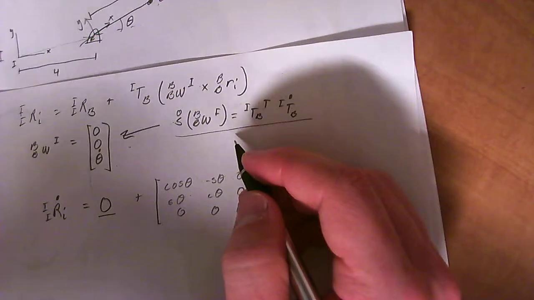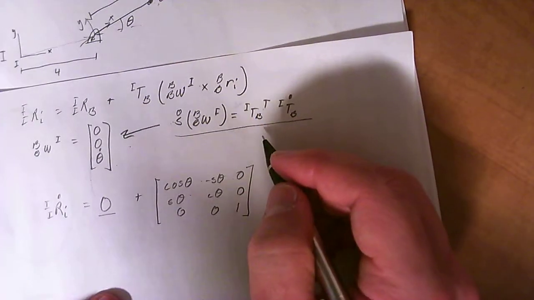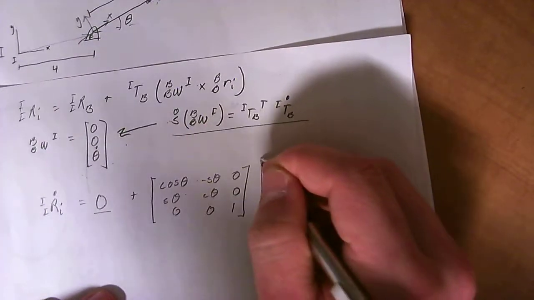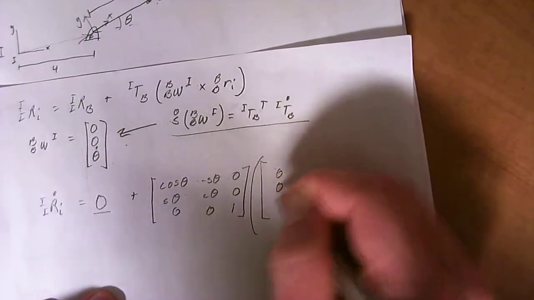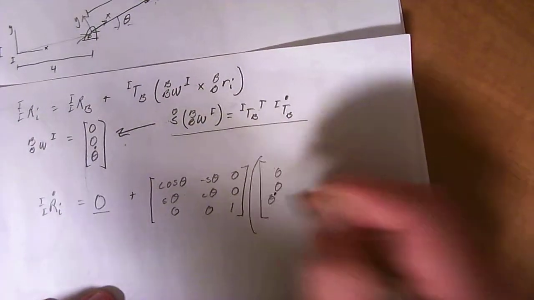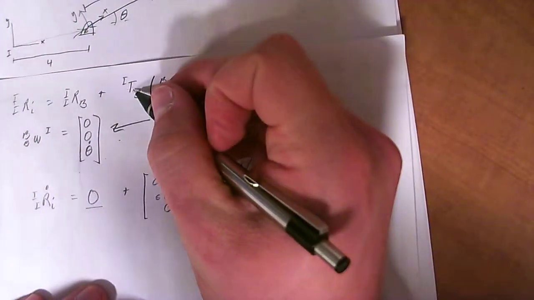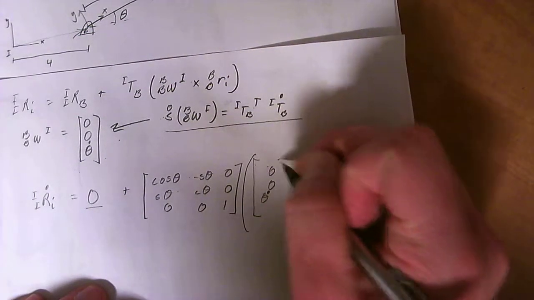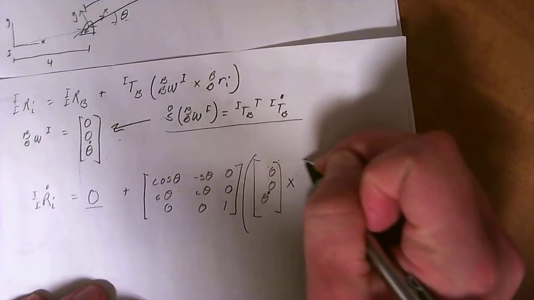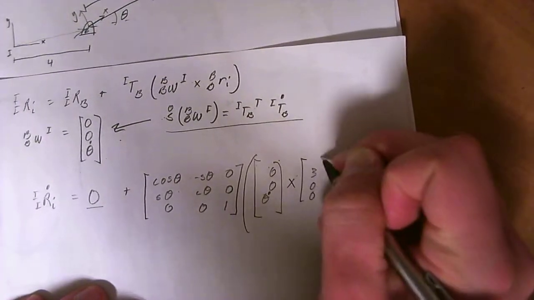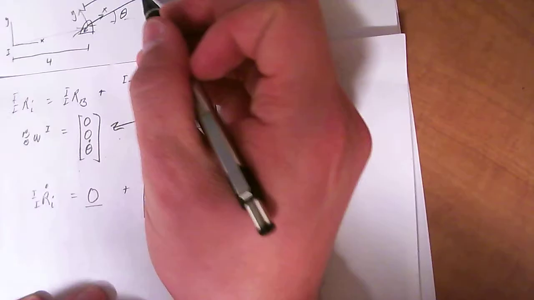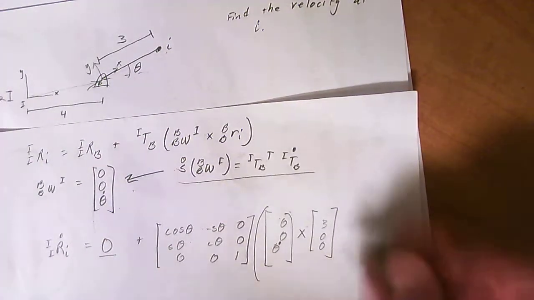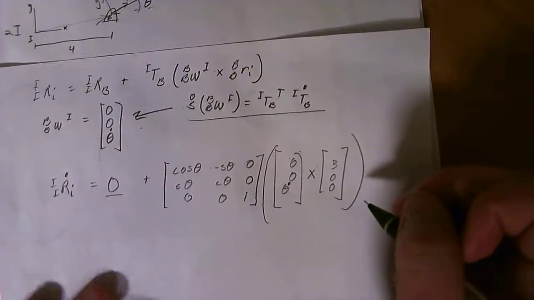What I'm going to do is basically finish this whole deal up. Times 0, 0, theta dot. This is a transformation matrix right here. This is what I just found. Cross with 3, 0, 0, which is BBRI, which is this vector from here to here. X-axis, 3, 0, 0. Like I said, I was going to go through this pretty quick.